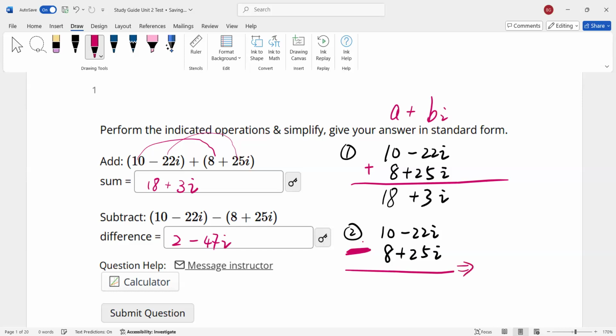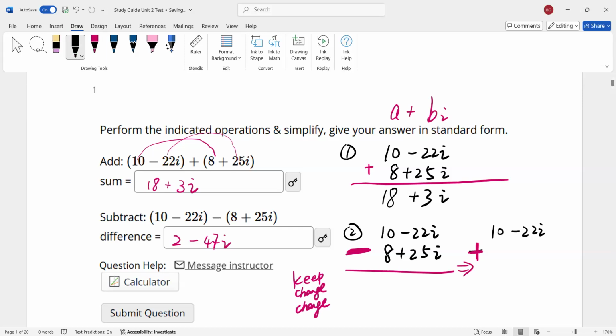Our strategy is keep, change, keep, change. Keep the top complex number, change the subtraction to addition, and then change the complex number on the bottom to its opposite.